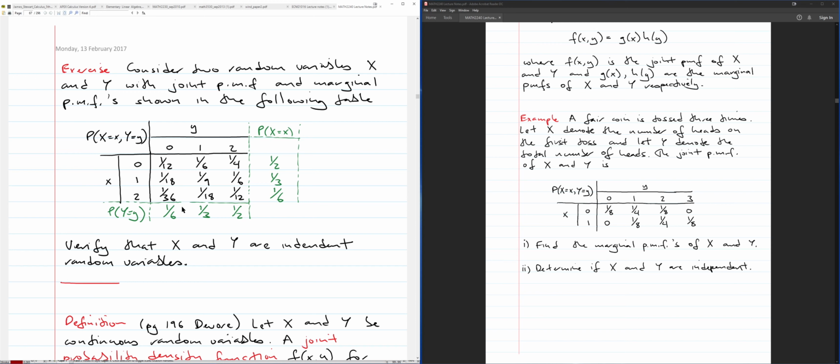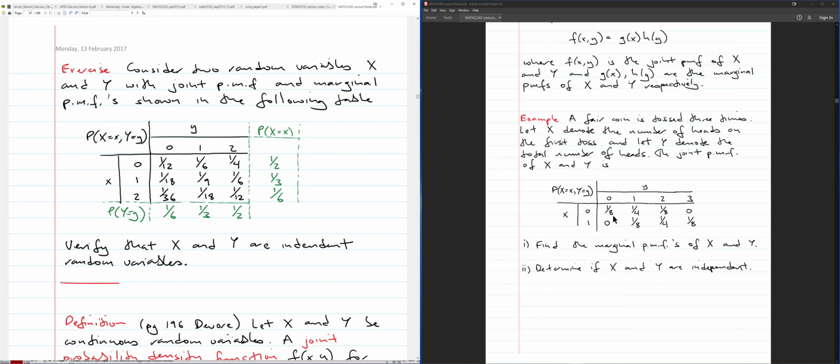So this here is one way to identify if the random variables in your joint PMF are independent or not. If all rows are multiples of a single row, and all columns are multiples of a single column, then you have independence.